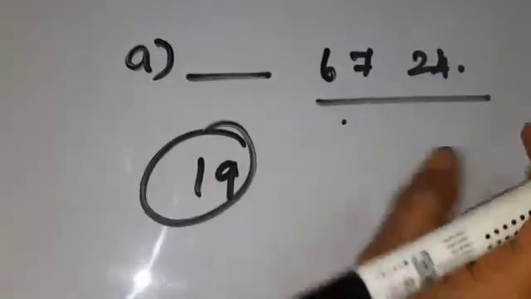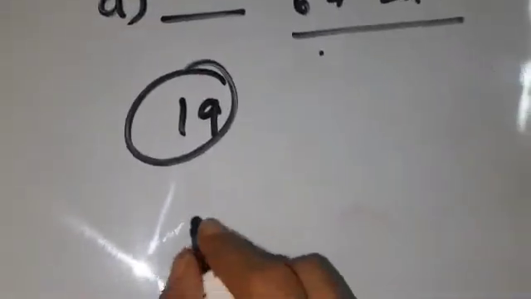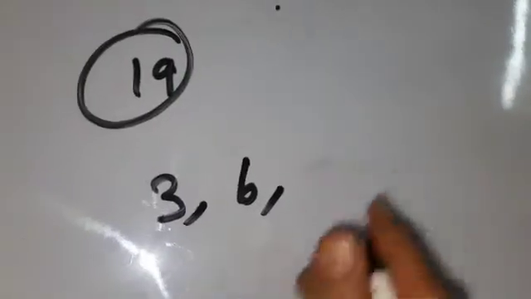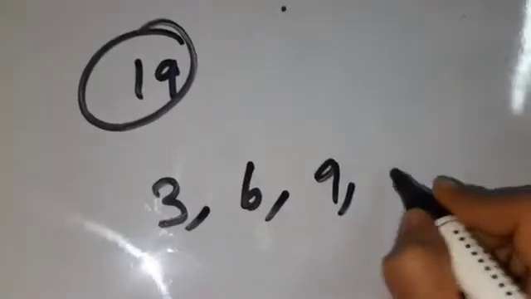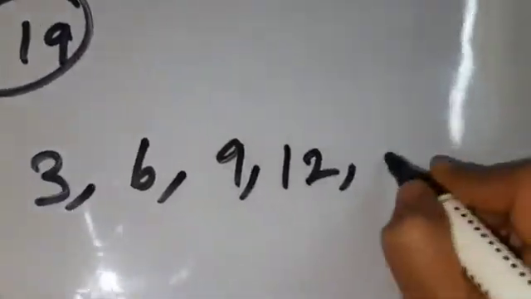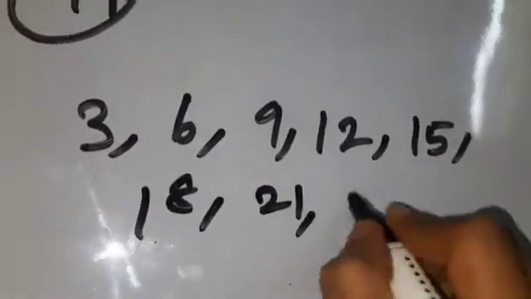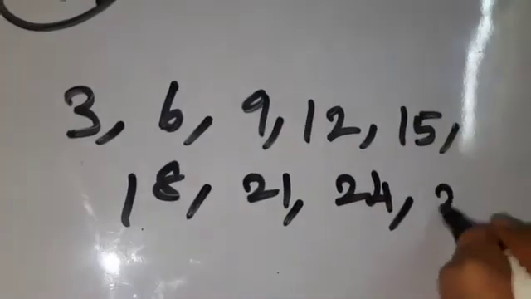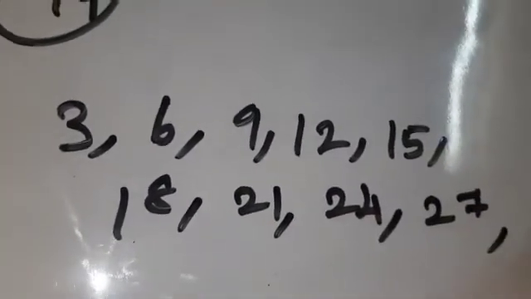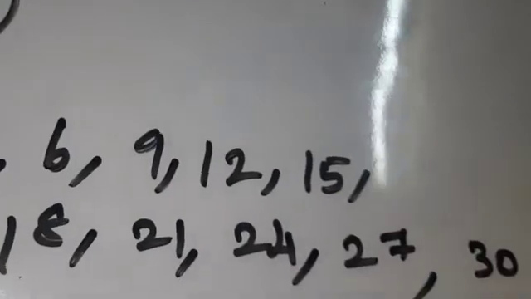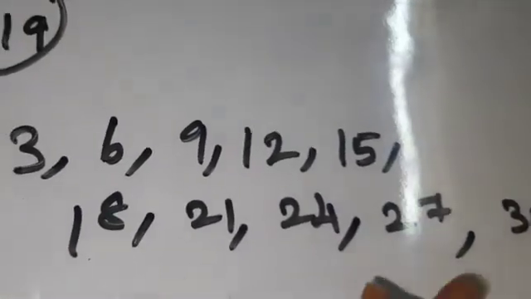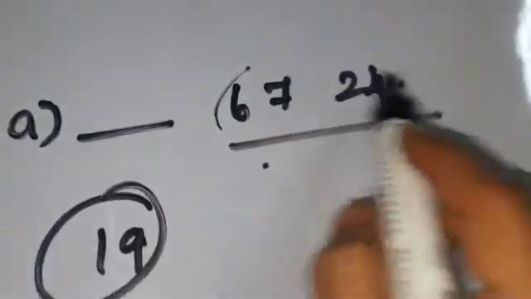Again, to find the greatest number that can be added to this number, I am going to write the multiples of 3 here: 3, 6, 9, 12, 15, 18, 21, 24, 27, 30. See here, the possible numbers that can be added here are 0 to 9.